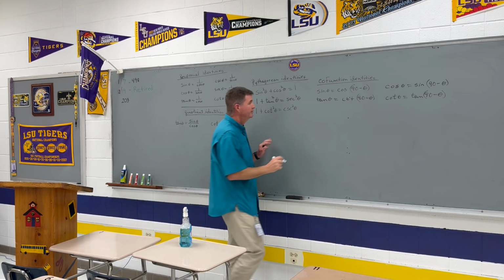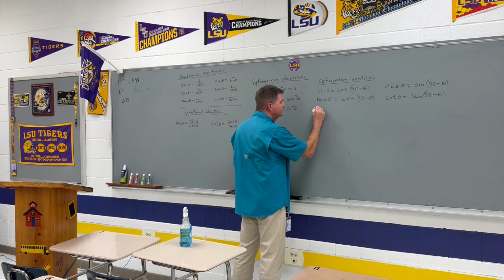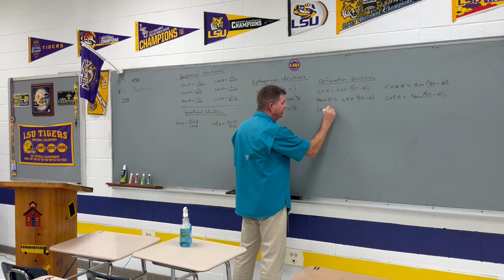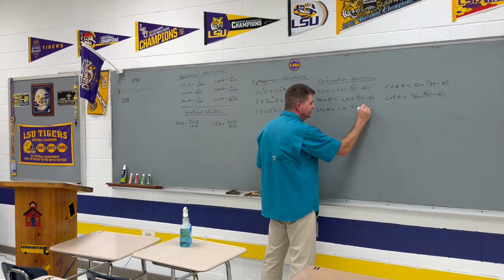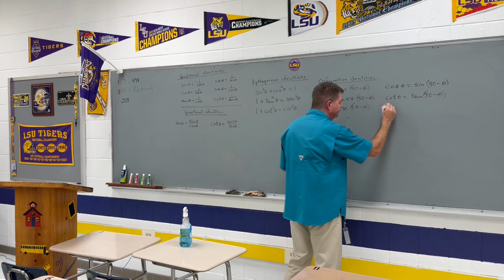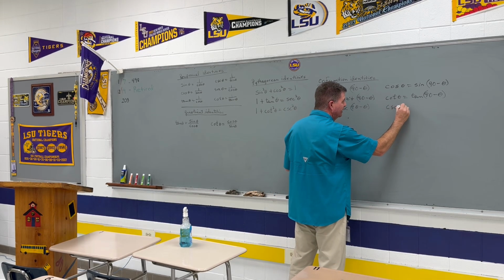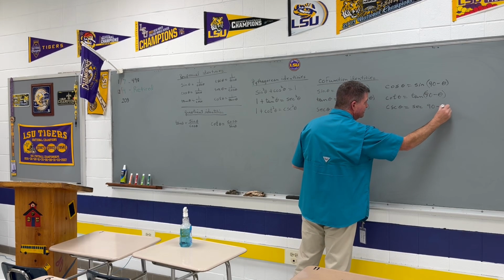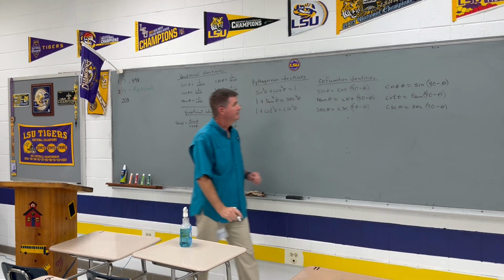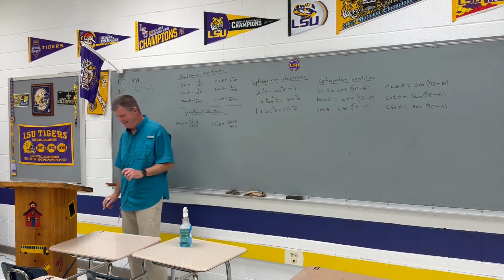And lastly, the secant of theta is equal to the cosecant of 90 minus theta. And the same thing, the cosecant of theta is equal to the secant of 90 minus theta. Those are the cofunction identities.